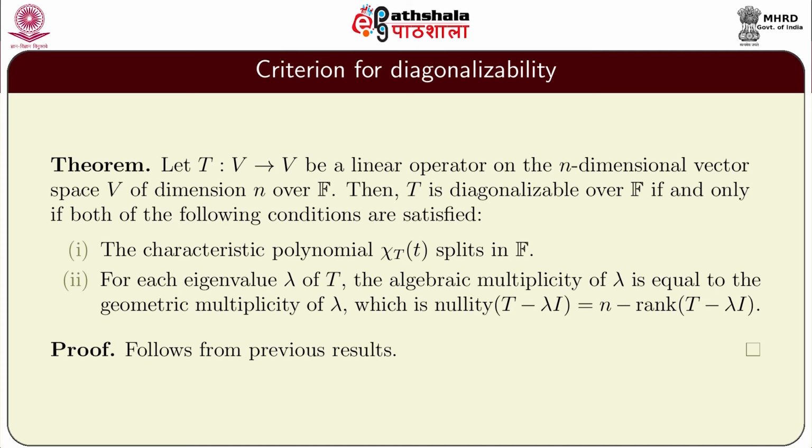Well, you can see that it is nothing new. It is the same theorem written in terms of rank and nullity. But the merit is that this indeed makes the criteria computable, because rank is something that we can compute through the row reduced echelon form.